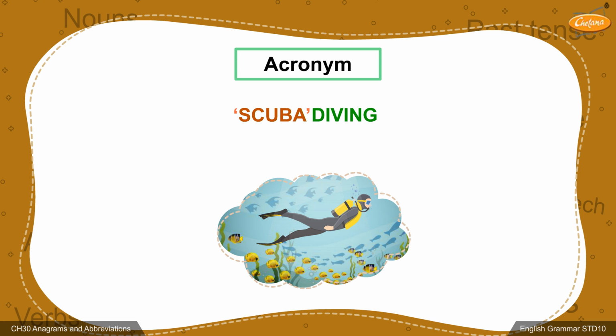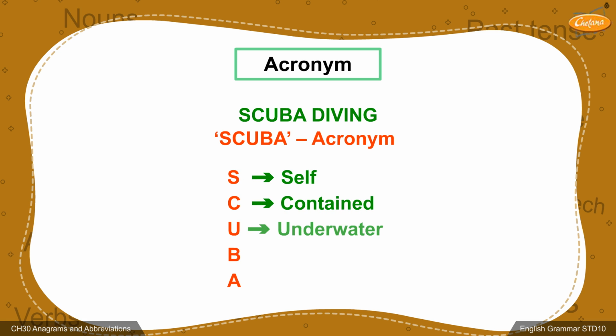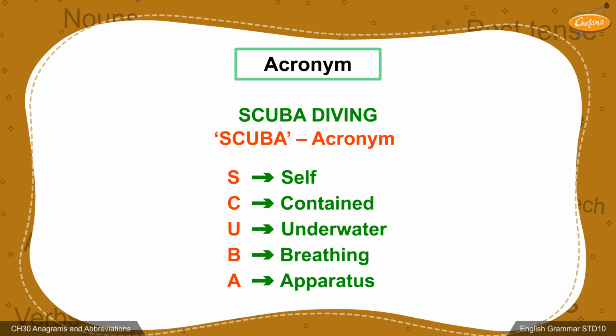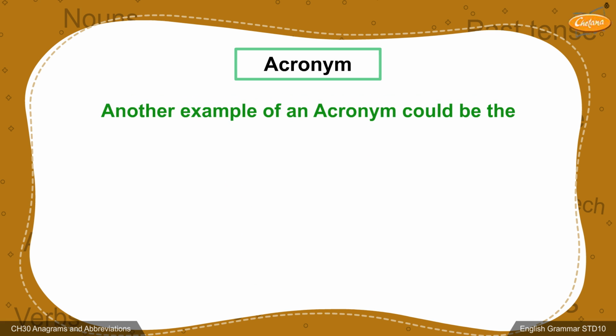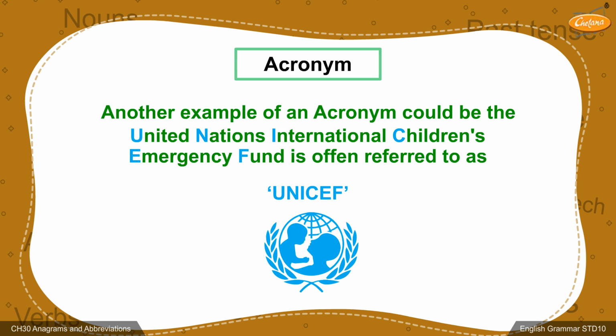Did you know that the word scuba is in fact an acronym? Yes, the full form is Self-Contained Underwater Breathing Apparatus. Another example of an acronym is United Nations International Children's Emergency Fund, often referred to as UNICEF.